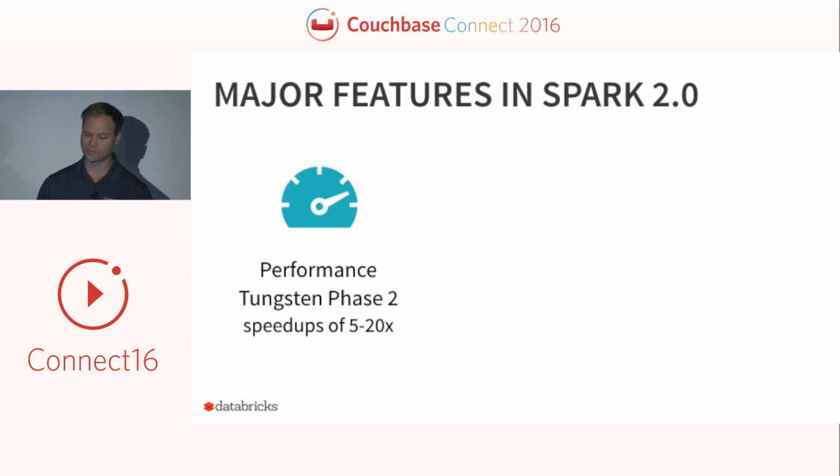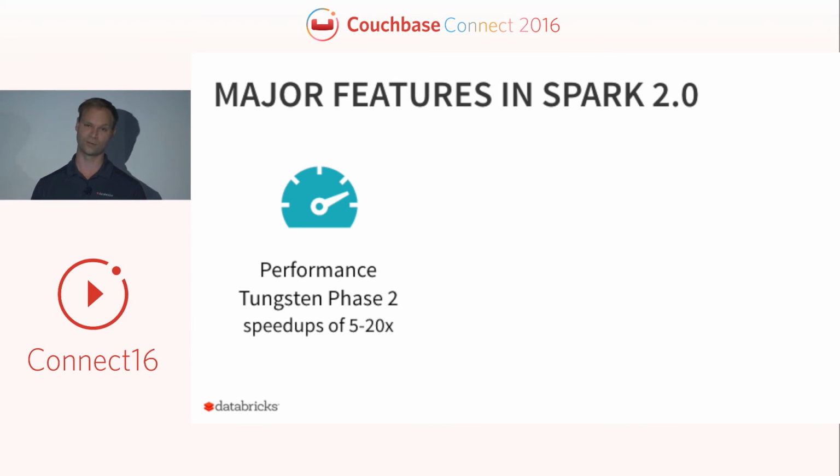So we just came out with Spark 2.0 this year. We're on version 2.0.1 right now. And some of the features that came out of 2.0: we have performance improvements. I mentioned Project Tungsten before. This is what the DataFrame interface uses, and we've optimized some of the queries that are running there. We found that we have speedups of 5 to 20 times faster than what was running before.